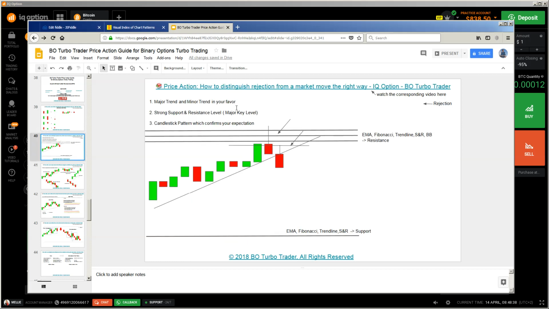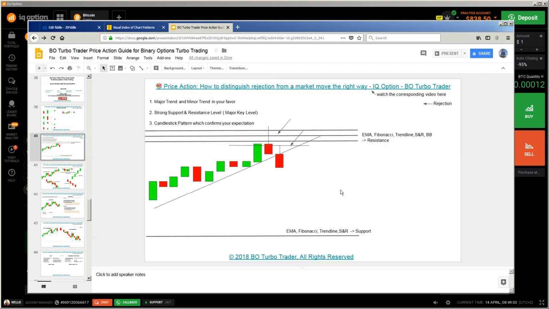This is the part which you have to watch too, because those are the rules for every trade. Every trade should be based on those rules: the trend, the key level, the candlestick pattern, and at least the rejection. And to understand rejection, you really have to watch this video about how to distinguish a rejection from a market move.